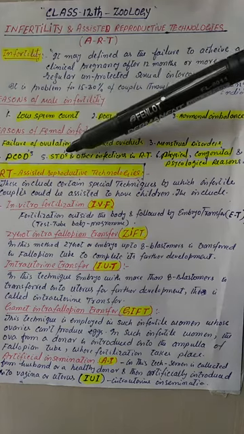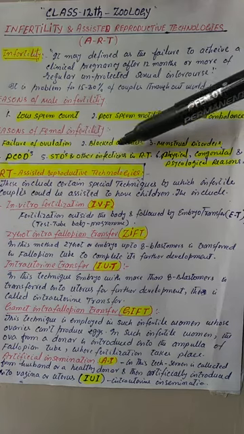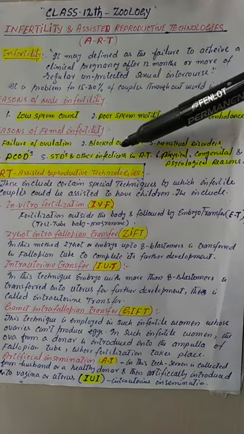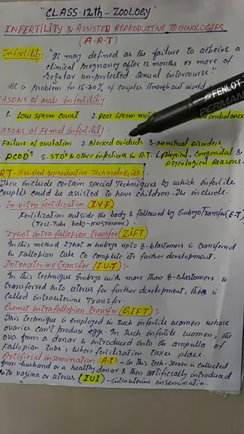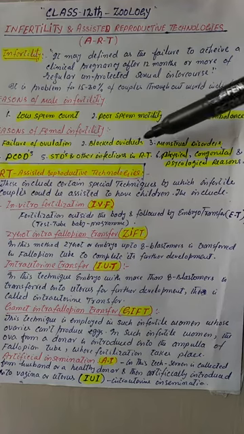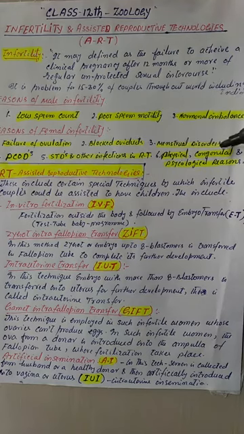Some sexually transmitted diseases or STDs and other infections in the reproductive tract are also reasons for female infertility. Female infertility may also be due to physical, congenital, and psychological reasons.